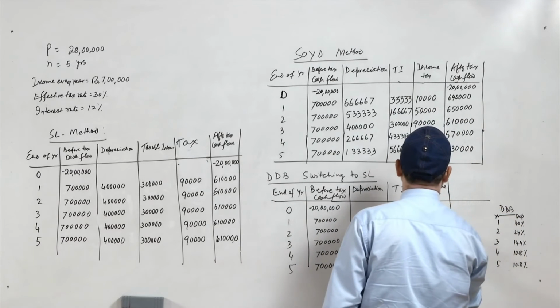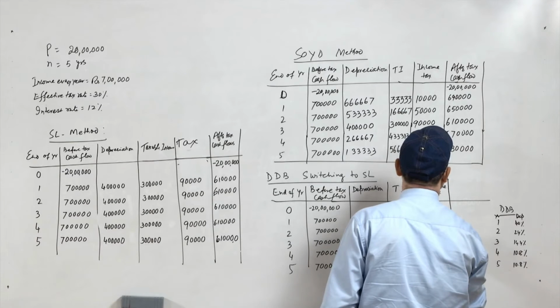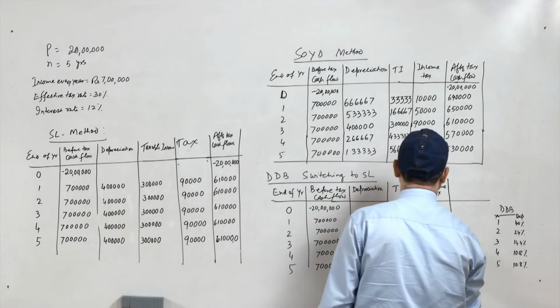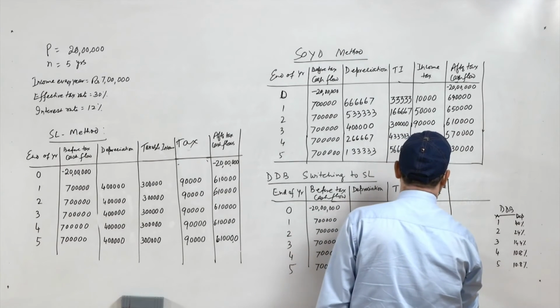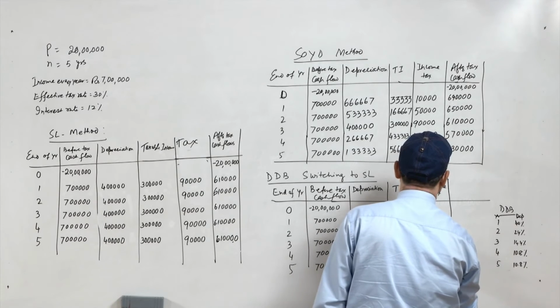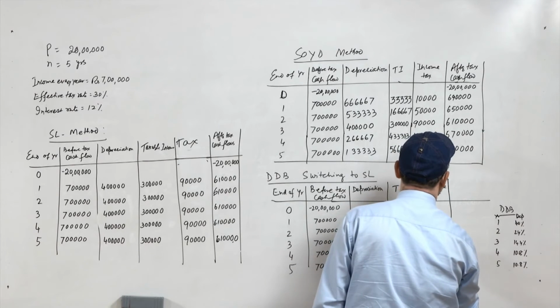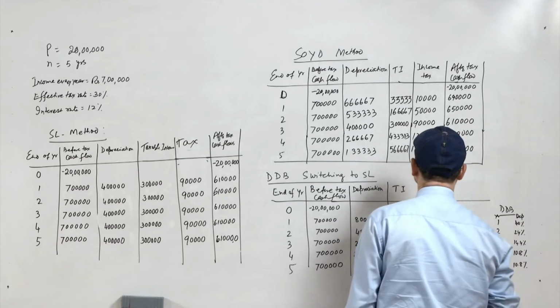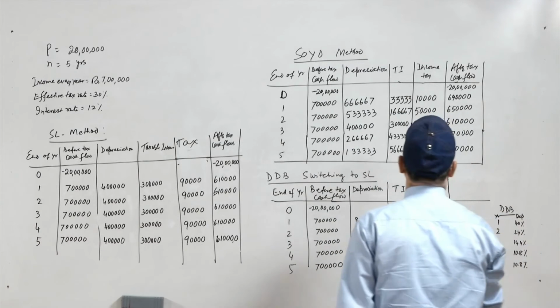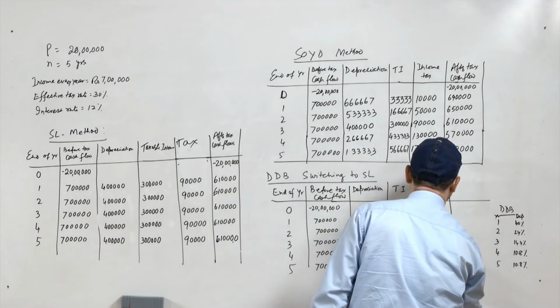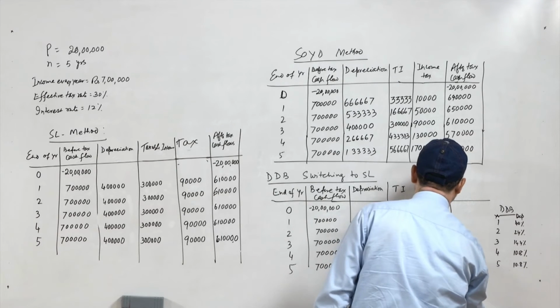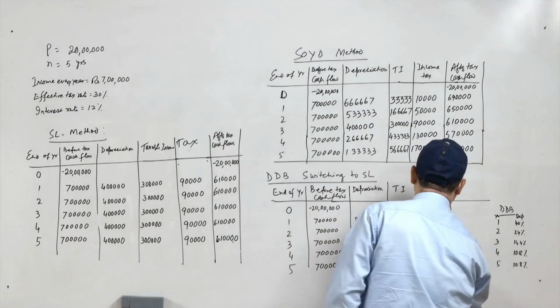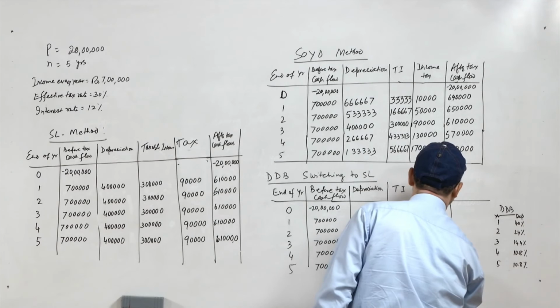Here it is 66,000. This is 1,23,600. This is 1,45,200 and 1,45,200.